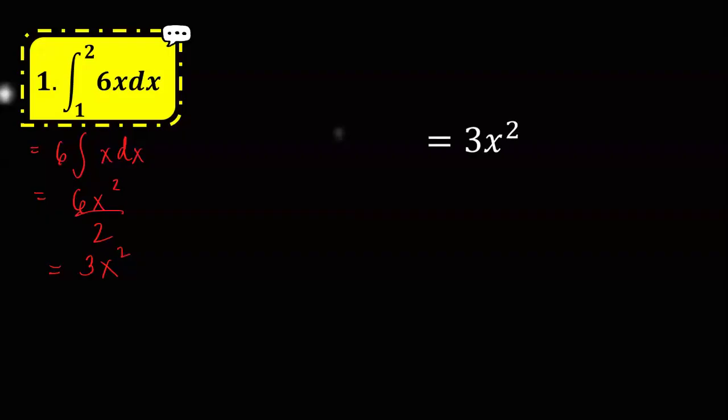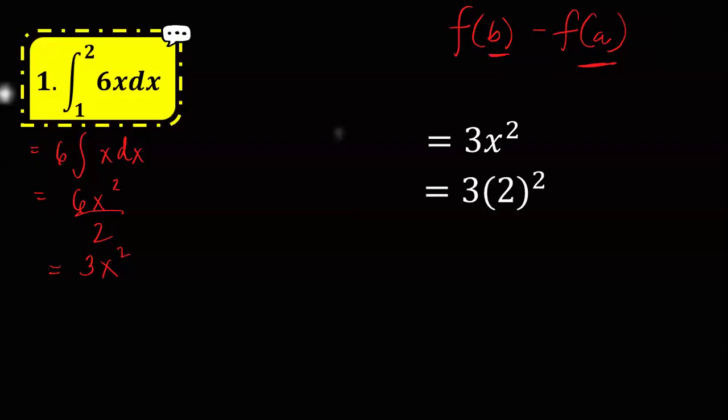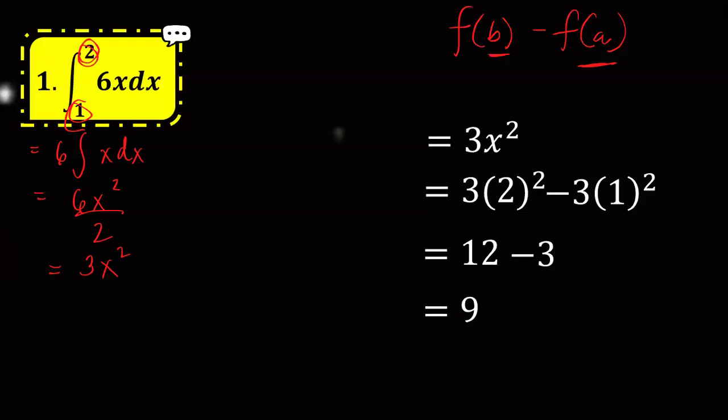Then we apply the fundamental theorem of calculus, f of b minus f of a. It's the upper value minus the lower value. So it becomes 3 times 2 squared, that's the upper value, minus 3 times 1 squared. Using your calculator, the answer will be 12 minus 3, so the final answer becomes 9.